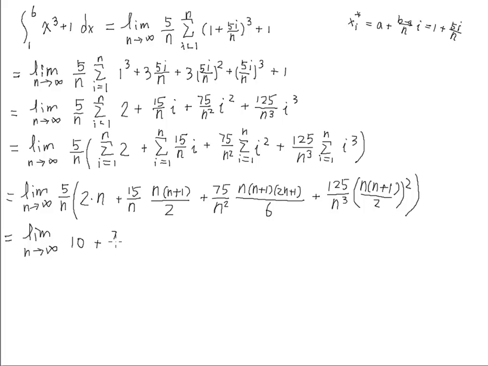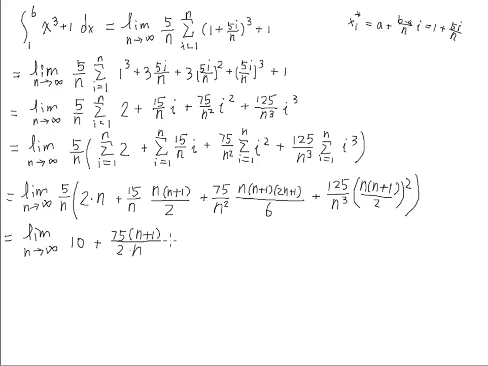Now this n is cancelled with this one. So in the bottom over here, we have 2 times n, and then n plus 1. And we see this limit goes to 1, so it's 75 over 2.